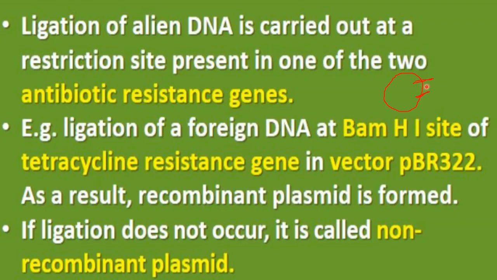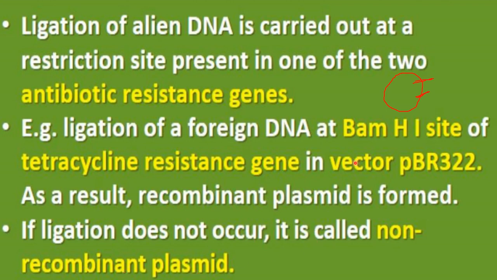So our alien piece of DNA will get attached in this region, in this gene which is providing resistance against tetracycline, right? As a result, a recombinant plasmid is formed. A recombinant plasmid will be formed if the alien piece of DNA is introduced here. If ligation does not occur, it is called a non-recombinant plasmid.